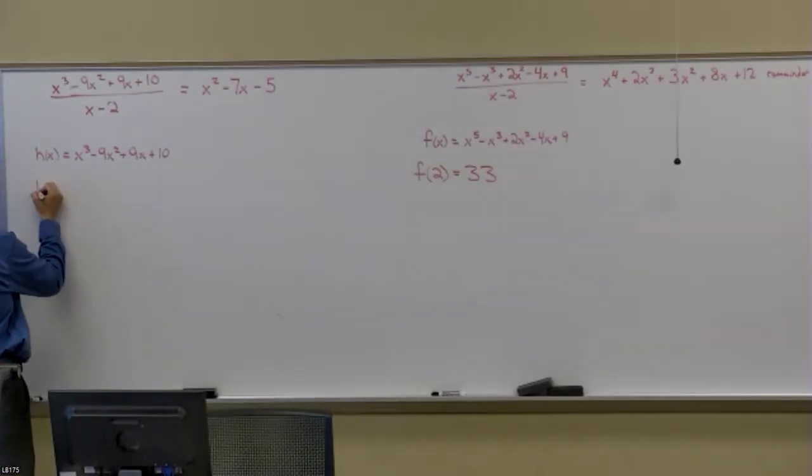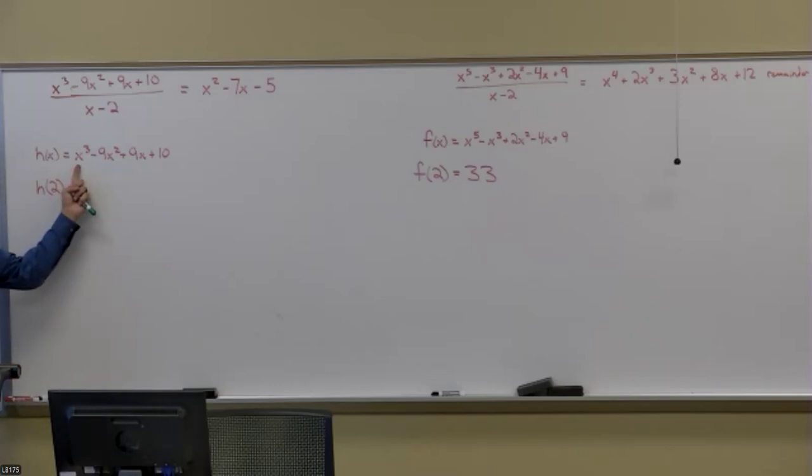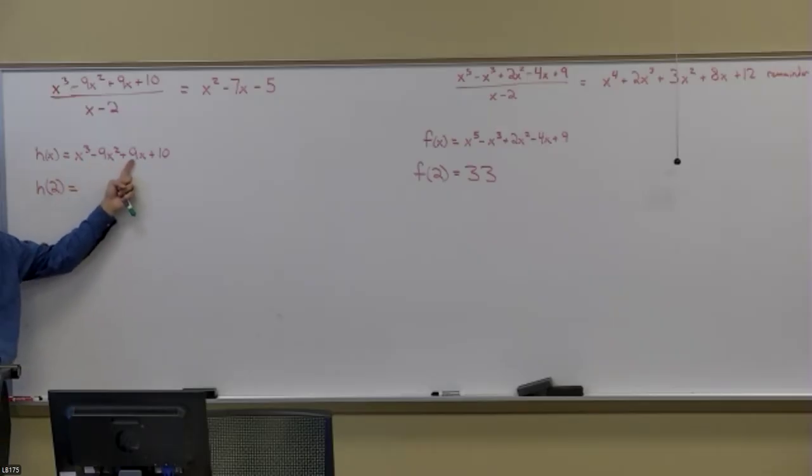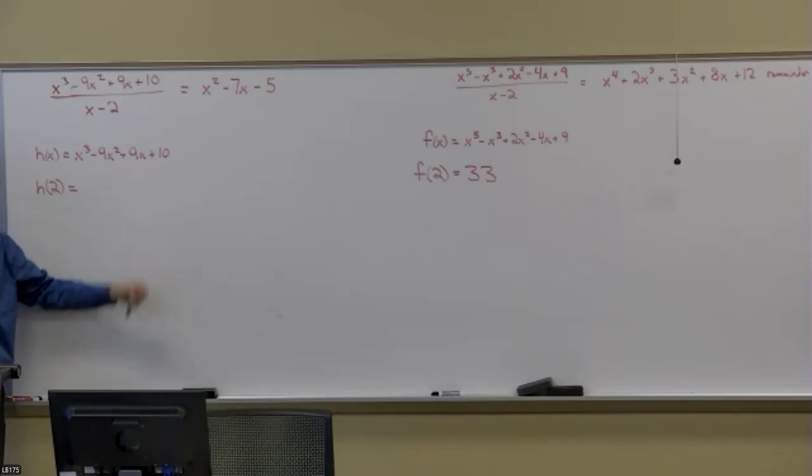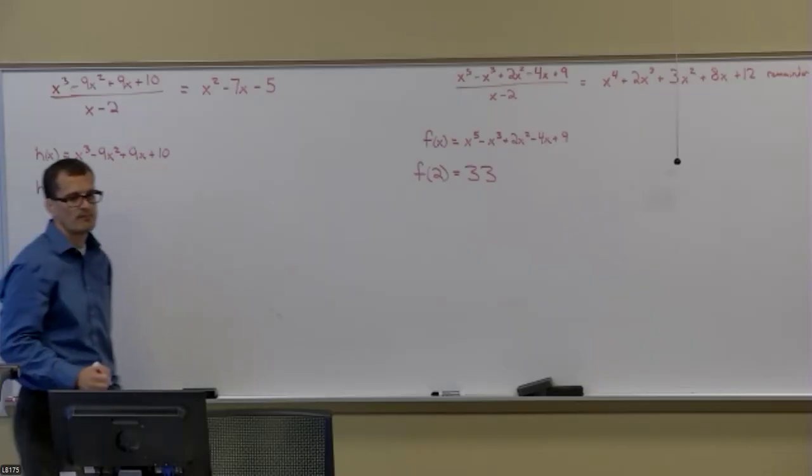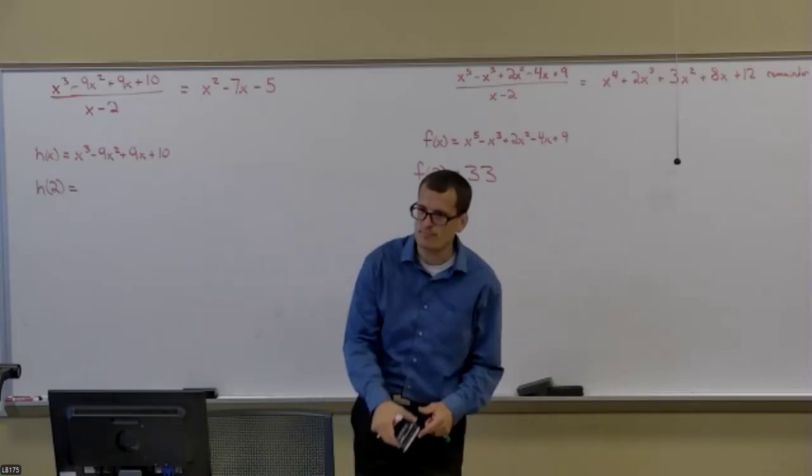What if I plugged in 2 into the function h? 2 to the 3rd minus 9 times 2 squared plus 9 times 2 plus 10. Again, you can type that on your calculator.